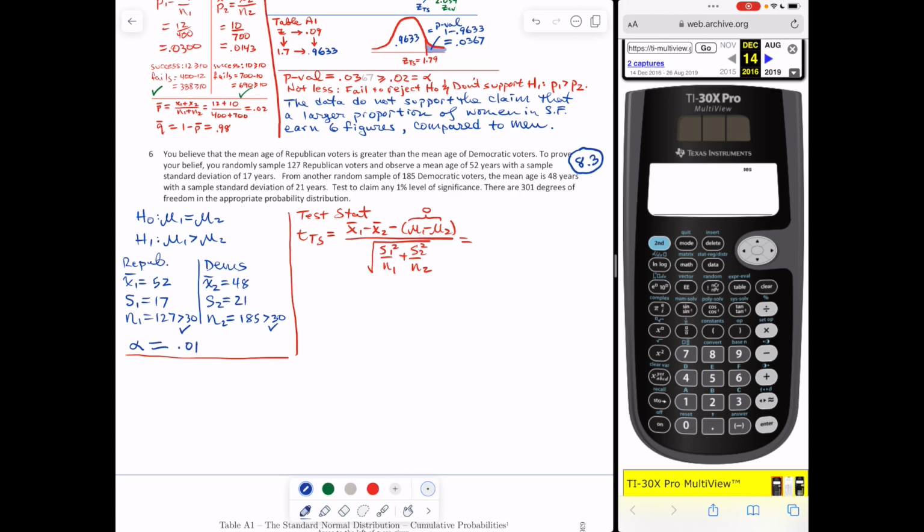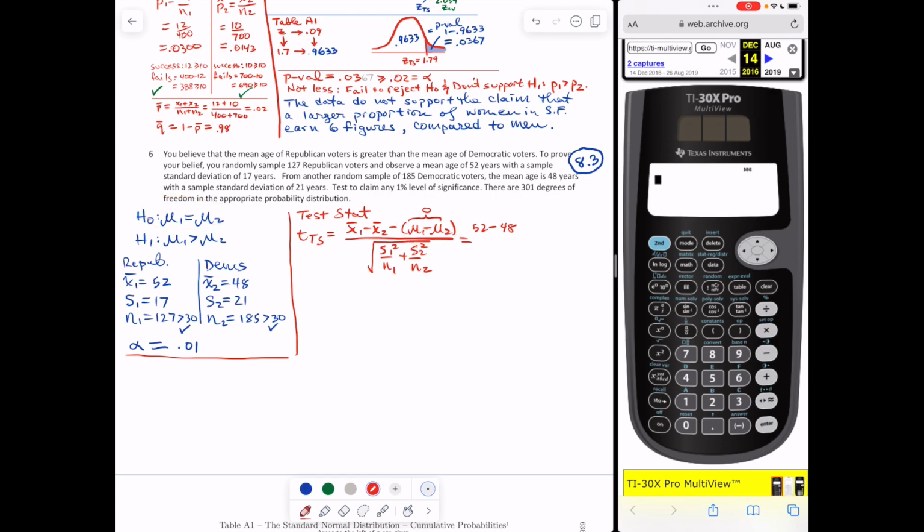Okay. Now, I have taken the liberty to copy the formula down for the test statistic here. So let's just take a moment and key that in. So it's X bar 1, which is 52, minus X bar 2, which is 48, and minus the mean difference we assume to be 0 because the null hypothesis says the means are equal.